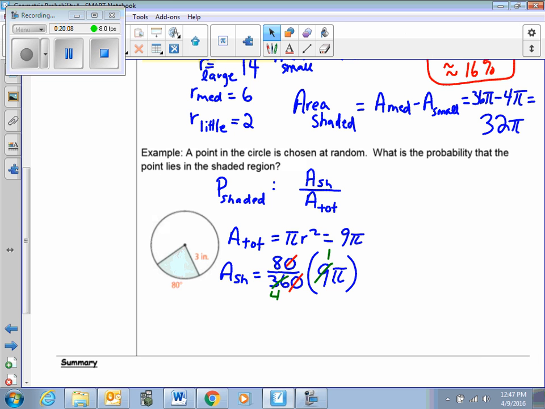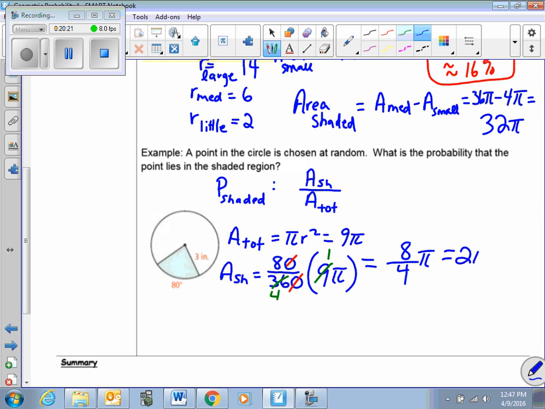So before I do much other simplifying, let me come on over here and see what I got. I got 8/4 times pi, which is 2 pi. All right, so there's my shaded area.